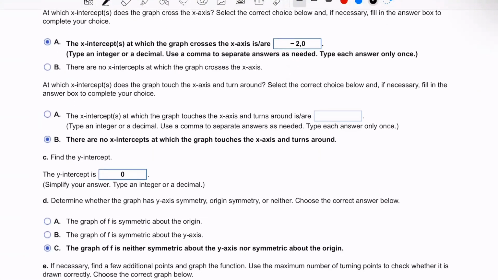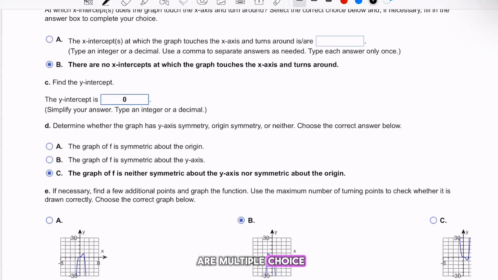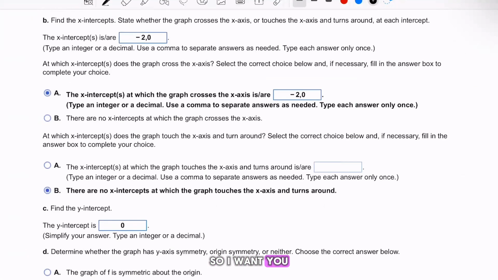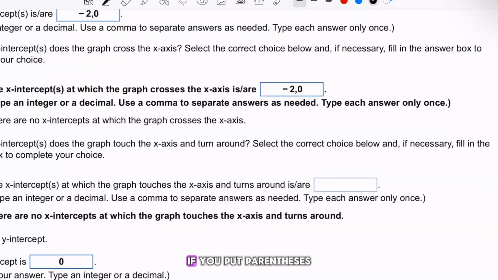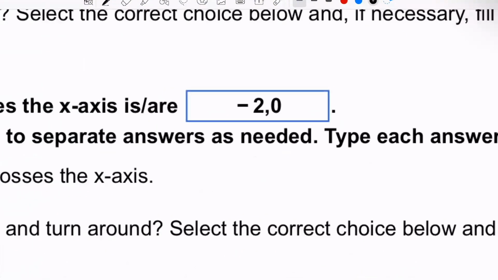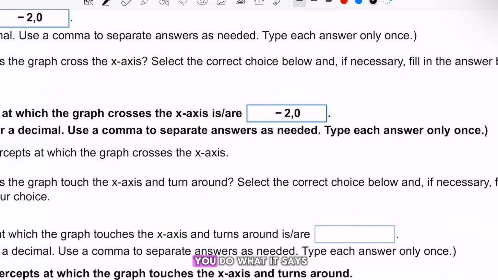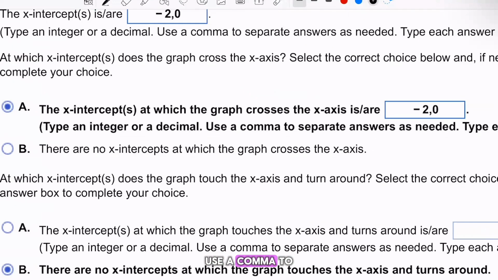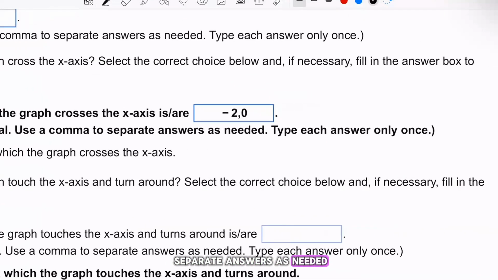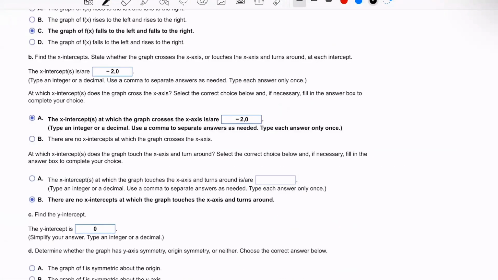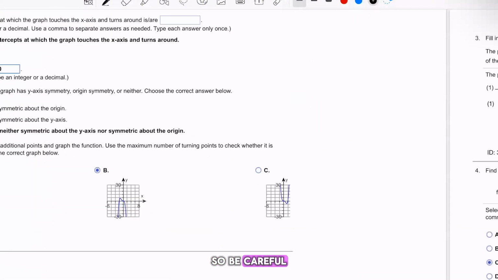Some of the parts are multiple choice, but then you have to fill in the blank, so you have to put in the right thing. For instance, if you put parentheses in here, it's going to mark you wrong. So make sure that you do what it says: type an integer or decimal, use a comma to separate answers as needed, type each answer only once. So be careful.